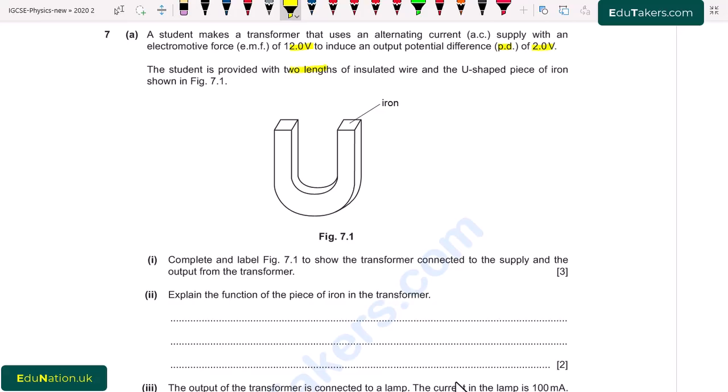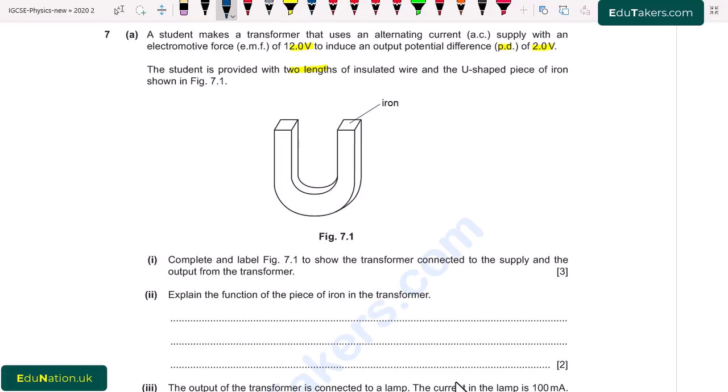The student is provided with two lengths of insulated wire and the U-shaped piece of iron shown in figure 7.1. You can see this is the figure 7.1 and the U-shaped piece of iron is also shown here. Part 1. Complete and label figure 7.1 to show the transformer connected to the supply and output from the transformer.